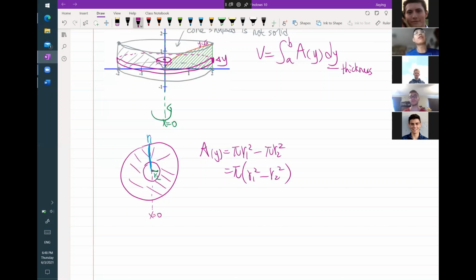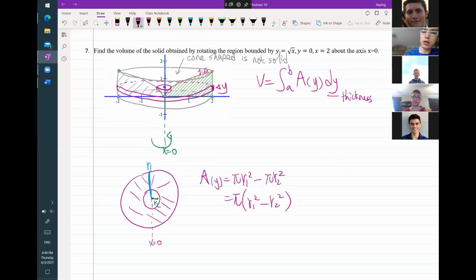How do we know A of y versus A of x? That's a good question. You always decide the independent variable of the area function based on the dy or the dx, the thickness of the slice. If the thickness of the slice is in the x direction, that means in the volume integral you have a dx. So let me write here: volume equals integrating from a to b.